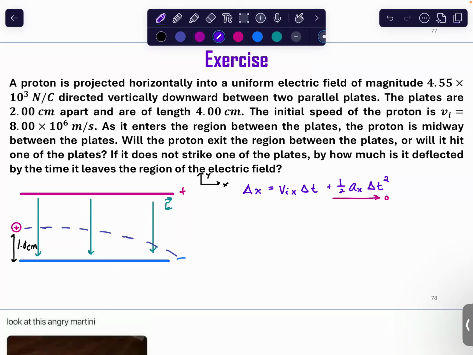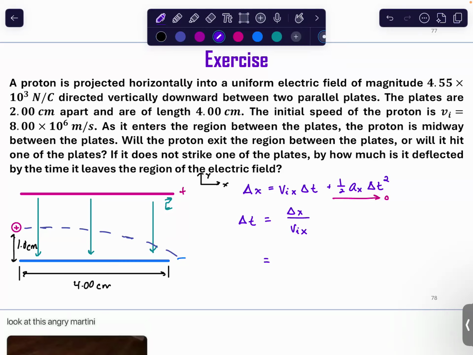So if I want to figure out how long the proton is between the plates, I'm going to divide the delta x by the velocity. Well, we see from the problem that's 4 centimeters.